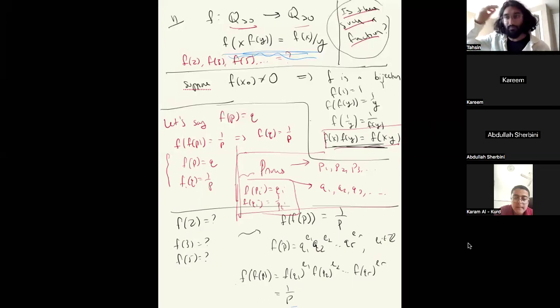I think maybe there are some sort of pathological solutions to this equation, but this is certainly at least one. Okay, so does it make sense? Abdullah, does it make sense? Karam?